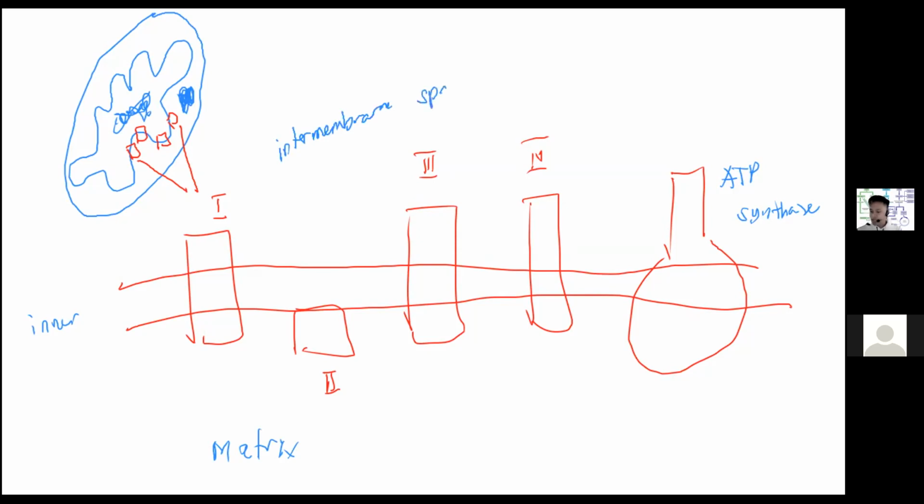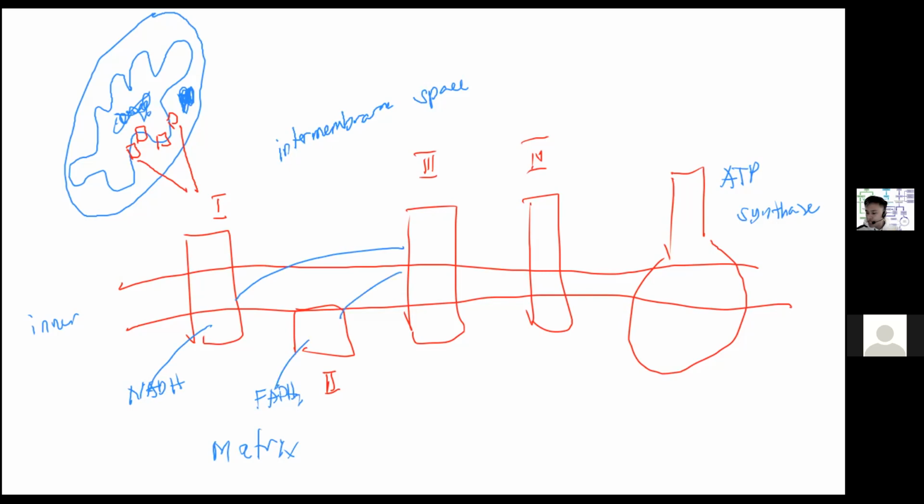I won't go into detail, class. The electrons from NADH enter your complex 1 and then go to complex 3. The electrons from FADH2 enter complex 2 and go to complex 3.